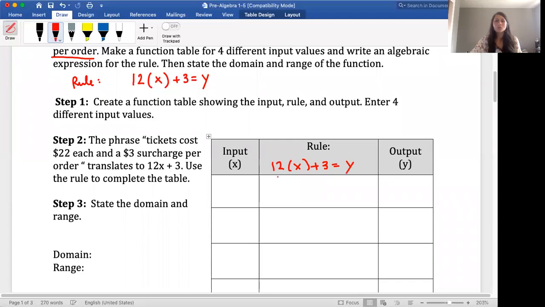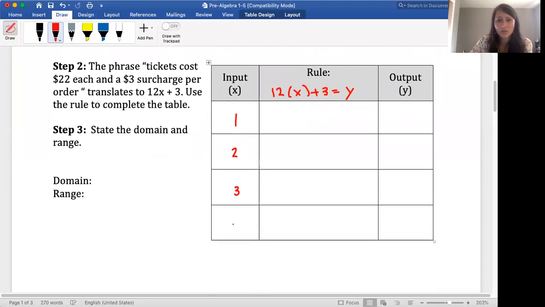That's the rule. So now you have the freedom to put in whatever value you would like into the X position, okay? So I would just keep it simple and do easy numbers. 1, 2, 3, 4. Okay, so now I'm going to sub in whatever I put in for X into my equation, into my rule. So I have 12 times 1 plus 3.